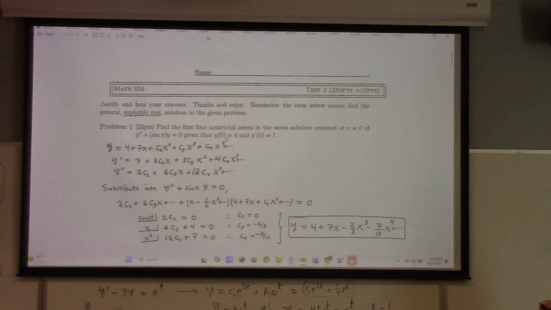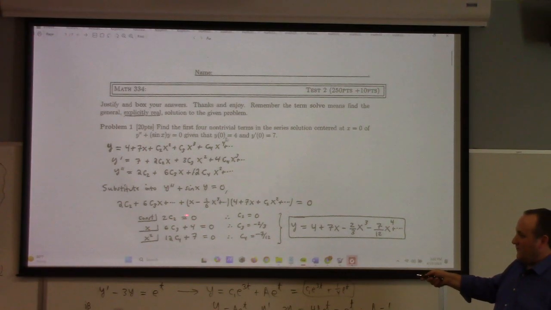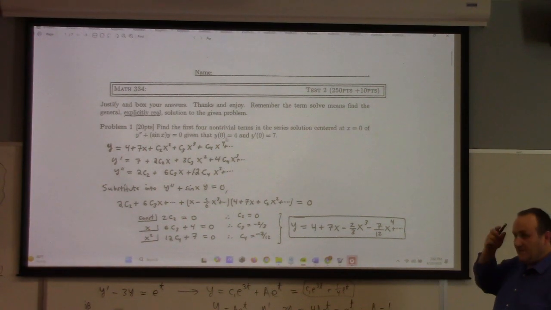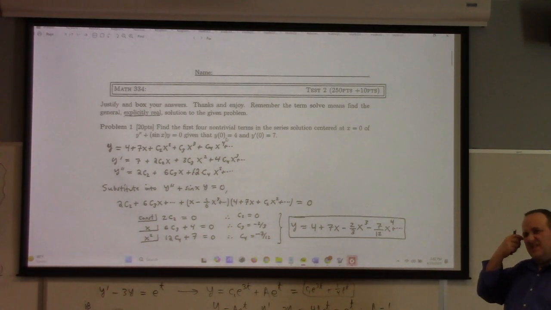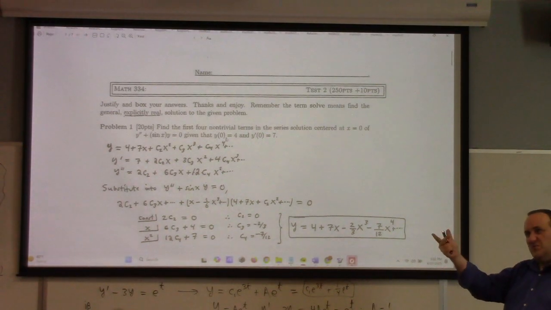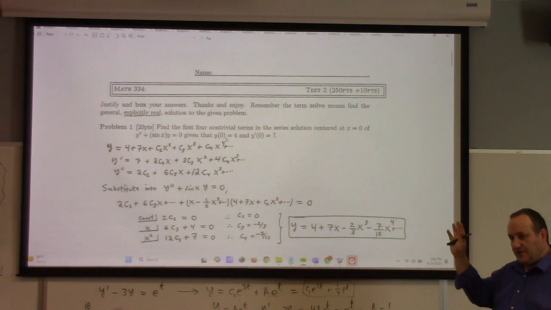I thought maybe I could get away with just writing this much, but after I got to this 2c2 equal to 0, I realized I needed to get all the way to c4 in order to get 4 non-zero things. Because 0, 1, 2, 3 would be 4 things, but if 2 is gone in terms of non-trivial, then I have to go all the way to 4 to get 4.